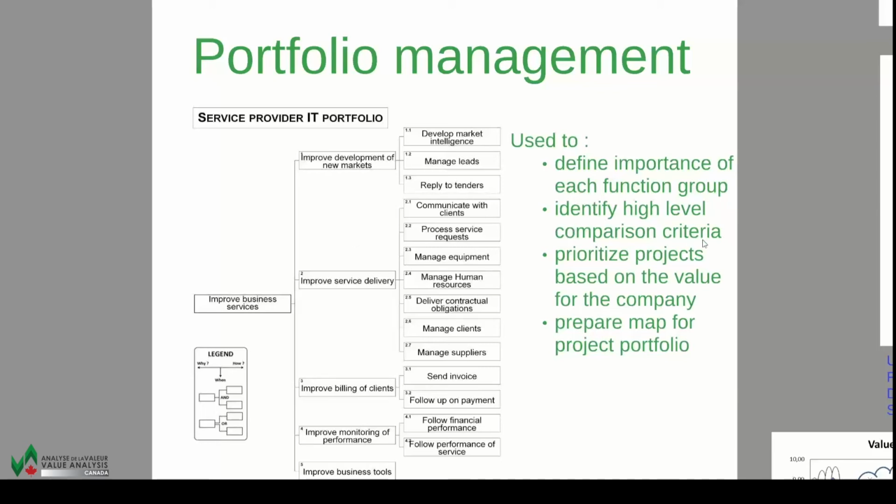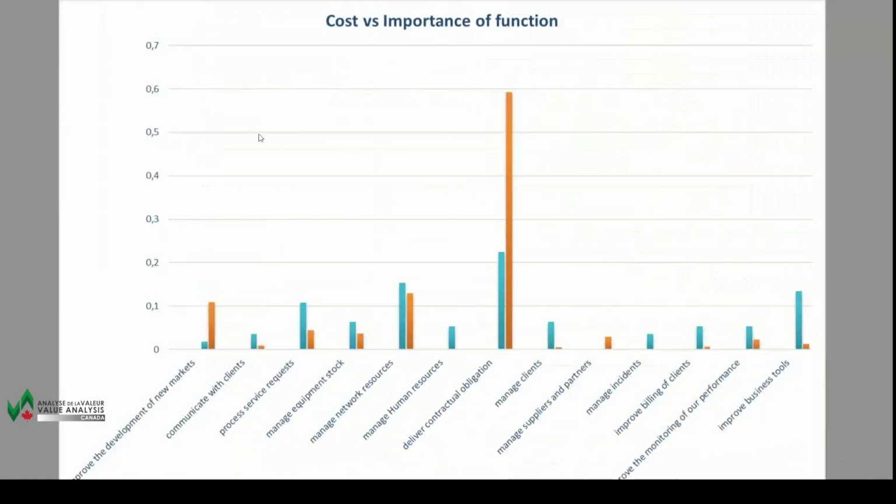We looked at the different projects and compared them based on the functions that were identified here, and we were able to prioritize them based on the value that they created for the business, okay? And that helped us prepare a map. So what does it look like? Well, one of the things we did is match the cost versus the importance of the function. So for example, here, improve the development of new markets on the left.